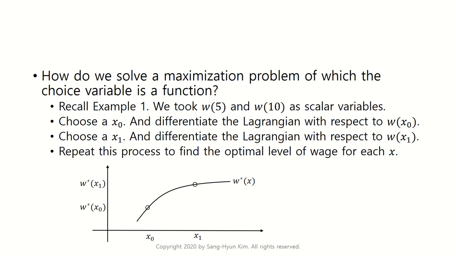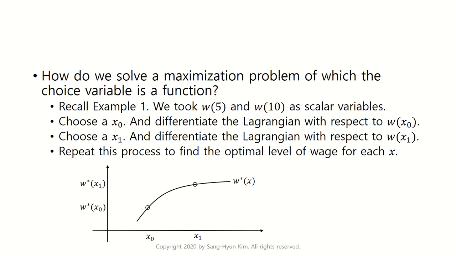So look at this diagram. We choose some x0, and fix x0. We just focus on this x0, and we want to find the optimal w of x0. Forget about all the other x's.